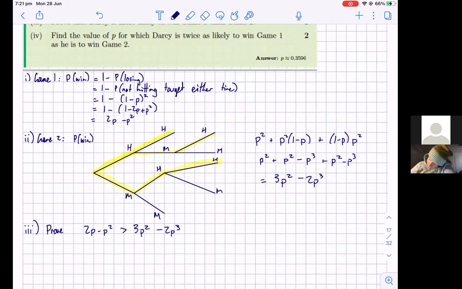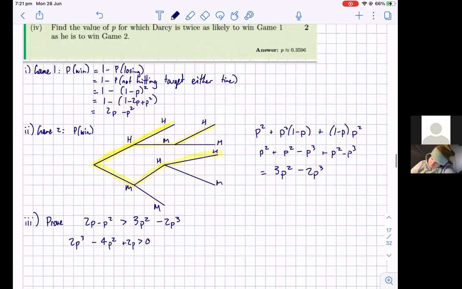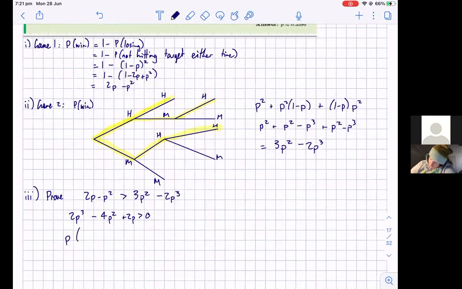Let's get everything over to the left. So we've got 2p cubed take 4p squared plus 2p is bigger than 0. So we've got p outside of 2p squared take 4p plus 2 is bigger than 0.